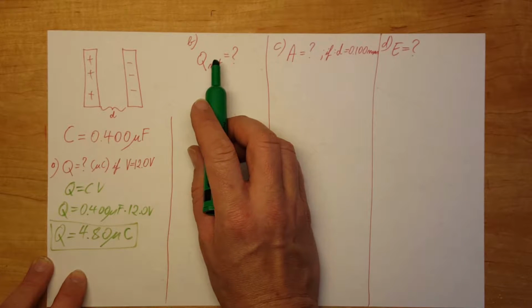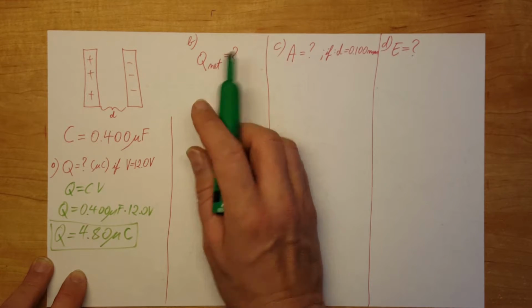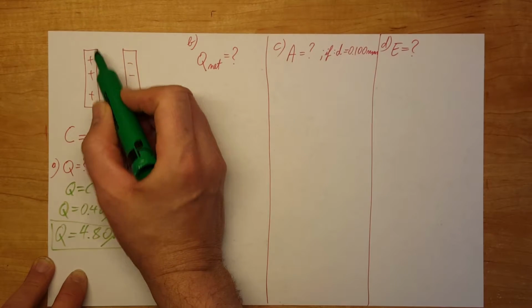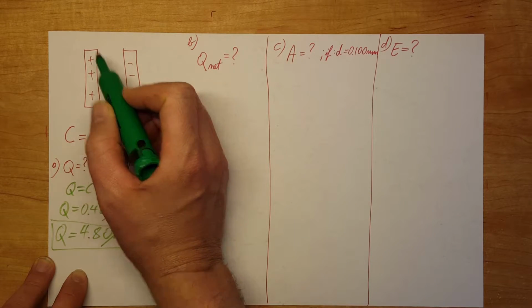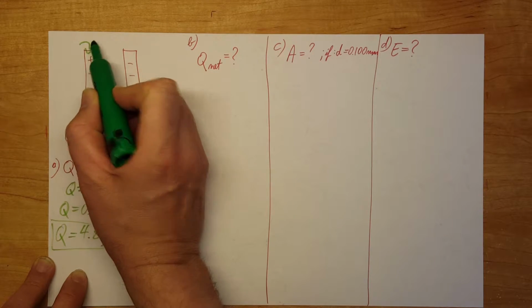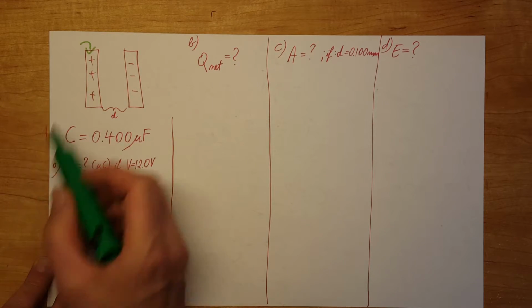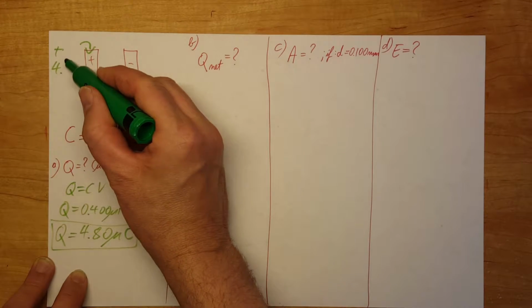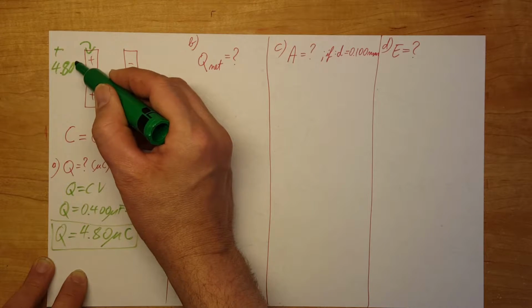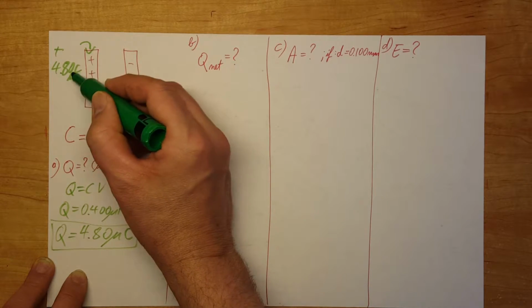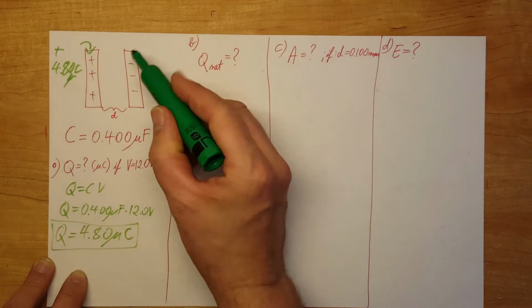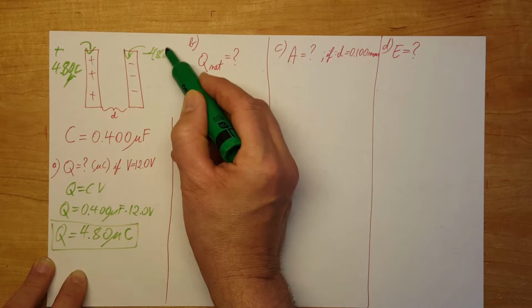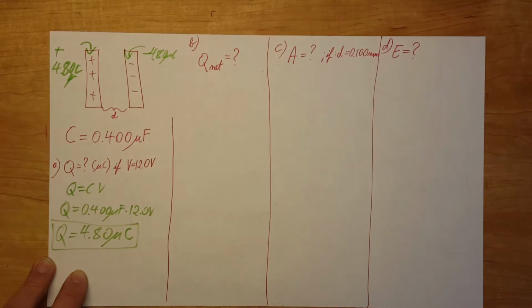Second question, find the net charge on the capacitor. Well, if we look at our capacitor, we can see that on this side, the positive side, we're gonna have positive 4.8 microcoulombs of charge, and on this side we're gonna have negative 4.8 microcoulombs of charge.